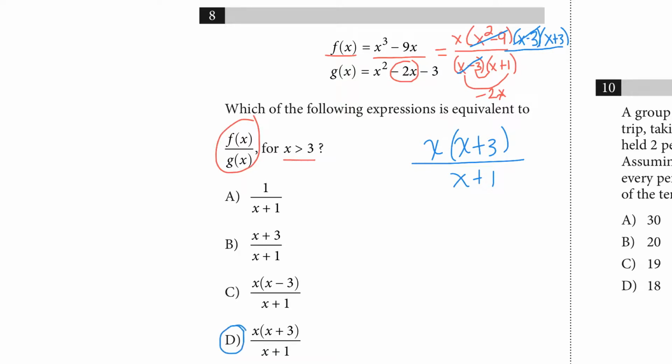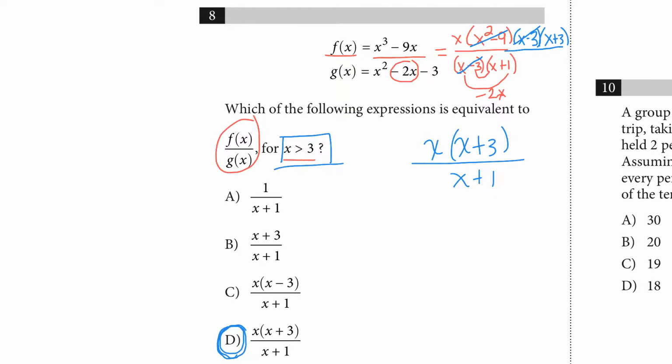Now, this is one of those problems that if you have extra time and you weren't quite sure how to factor all this, you could plug in a number. Let's say if x is 0, but x has to be greater than 3, so you would have to pick a number greater than 3, maybe x is 4.